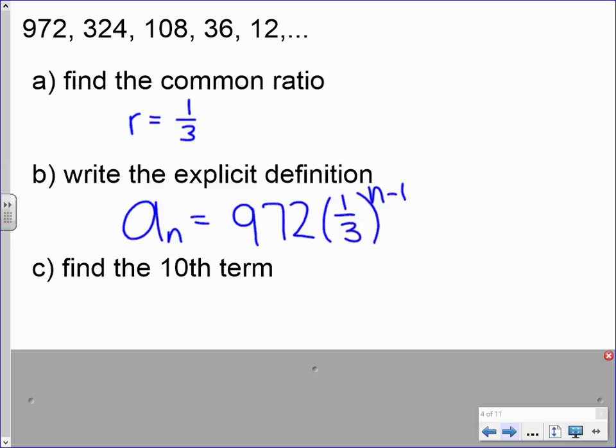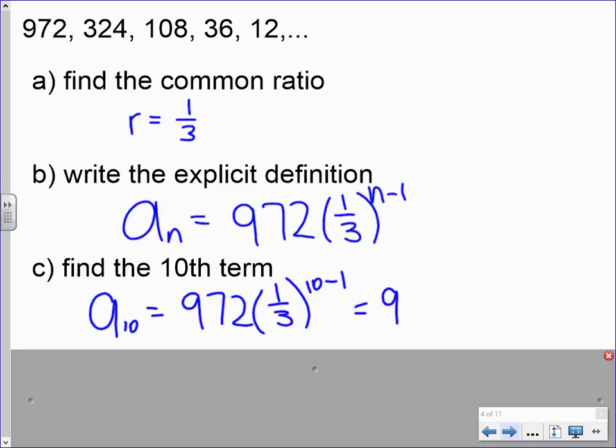If we want to find the 10th term, Hannah, what do we need to do? Plug in 10. Yep. So if I were you, I would plug in 972 times 1/3 raised to the 9th power. That 1/3 is going to need to be in parentheses for all of it to get the power.